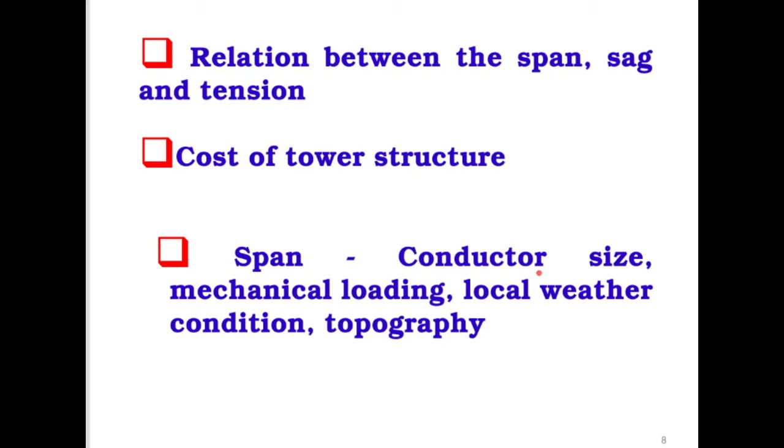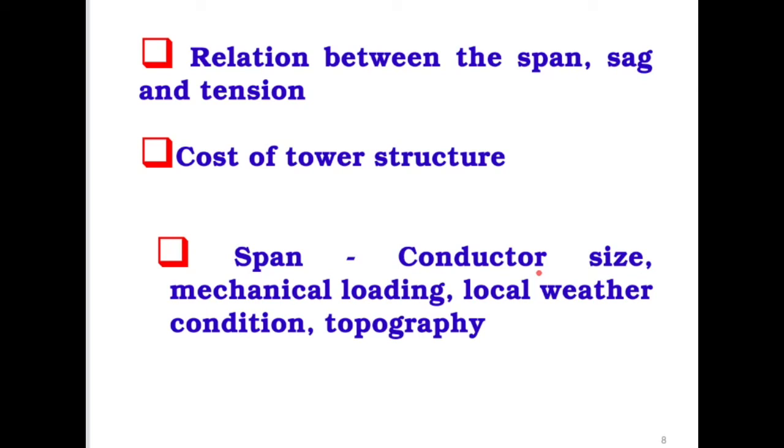When you choose it, that will determine what will be the weight of the conductor that we talked about: the diameter, length, and density, depending on the material that is chosen. So the conductor determines the span. If the conductor is of small diameter, then it can have a longer span because it won't sag much, because smaller diameter will have lower weight as compared to a conductor which has bigger diameter or larger cross-sectional area.